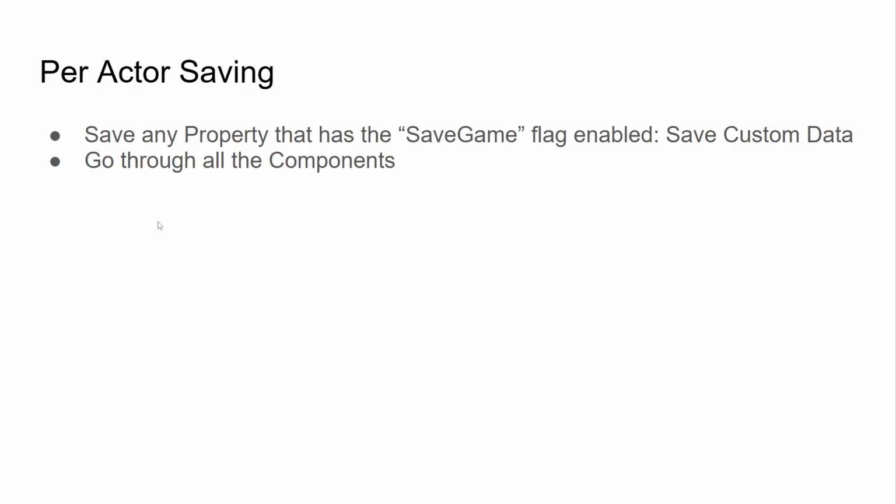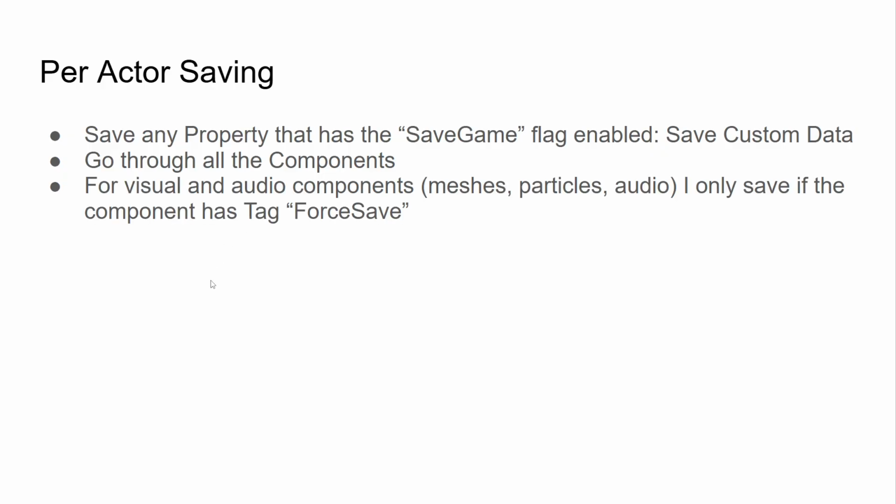Then, okay, go through all the components. All the components of the actor can save. There are some cases where they won't save, like skeletal meshes, visual components and audio components, which don't save by default unless they have the force save tag enabled.